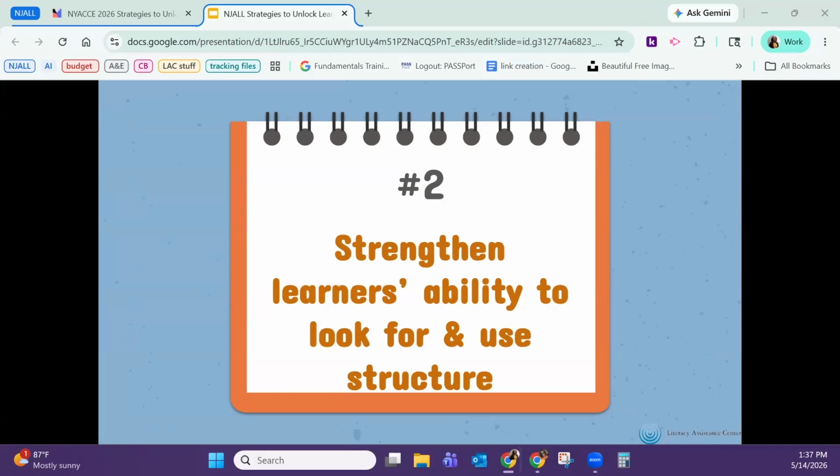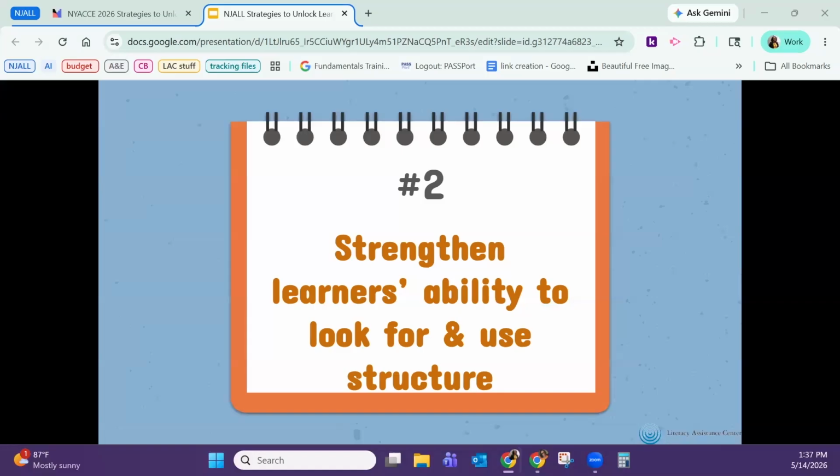I'll give you a digital literacy example because we've been focusing on digital literacy a lot in New York City with our peer learning community. If you're struggling navigating a new platform, but you have the skill of looking for and making use of structure, even if you're on a new platform you've never been to before, you will apply the structure that you already know and understand to that new platform.